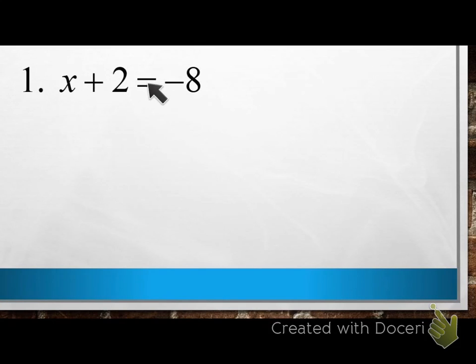So, it's an equal sign, so it's an equation. I have x plus 2 equals negative 8. I know a lot of you can go, I know the answer. I know a lot of you, though, can't. And I want to see y'all showing me that if I'm going to get x by itself, what do I need to do to both sides?